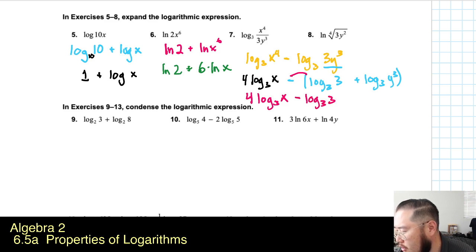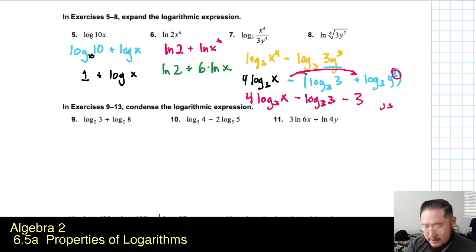But also, we have to bring that third power out in front. So this will now become minus 3 times log base 3 of y. And that right there, my friends, is our answer. We have now put it all together. Okay, so there's quite a few steps and work right here for this problem.